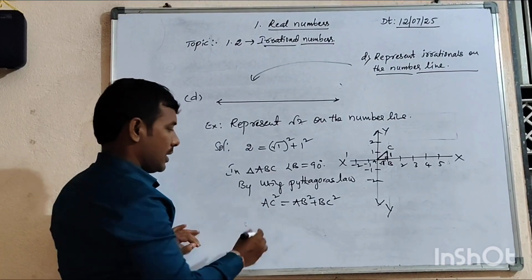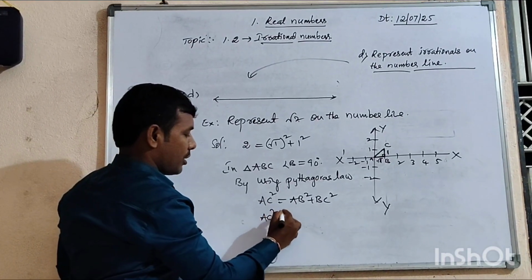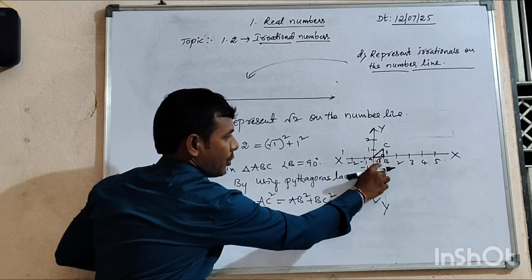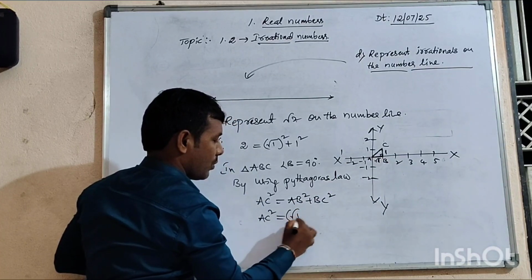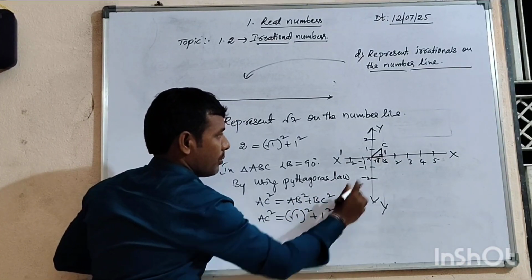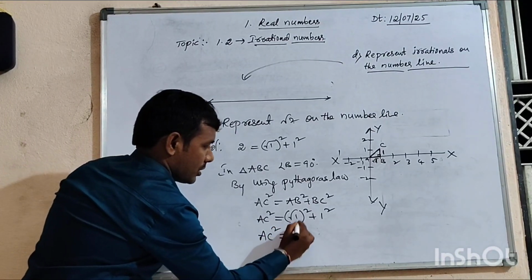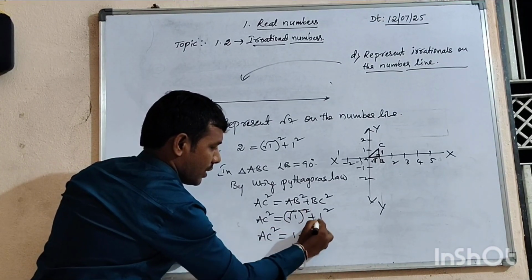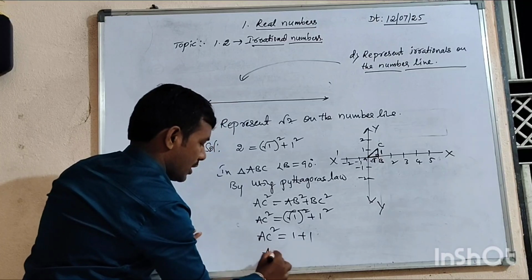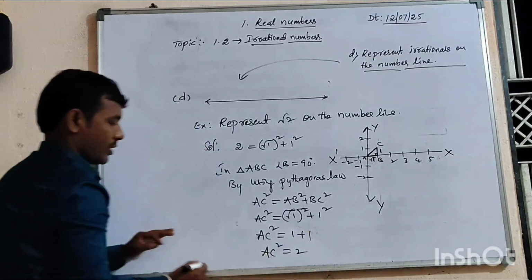According to Pythagoras. Already we took AB as root 1, so square root 1 whole square. BC is 1 there, that's why 1 square. Now AC square is equal to how much? Square root cancels, 1. 1 square is nothing but 1. Now AC square is equal to 2. Come to the point.